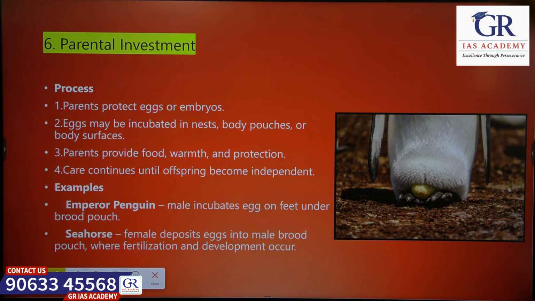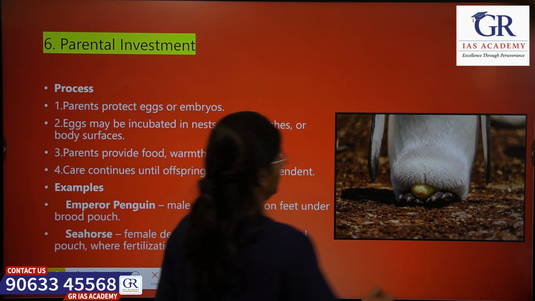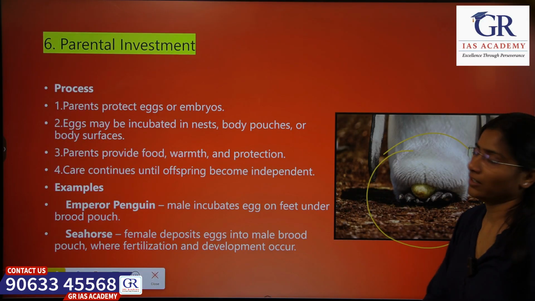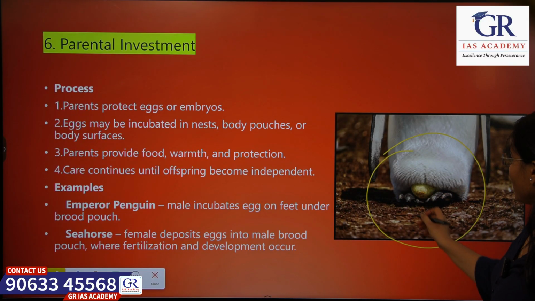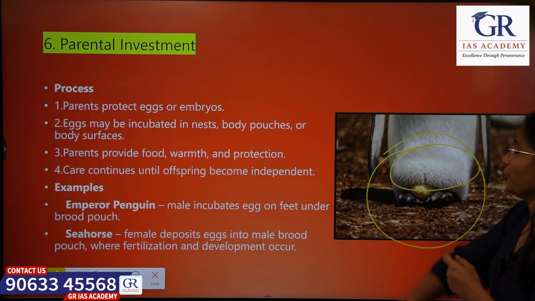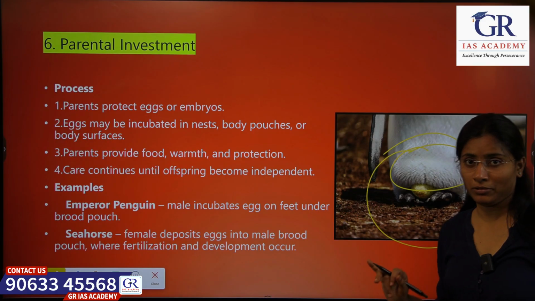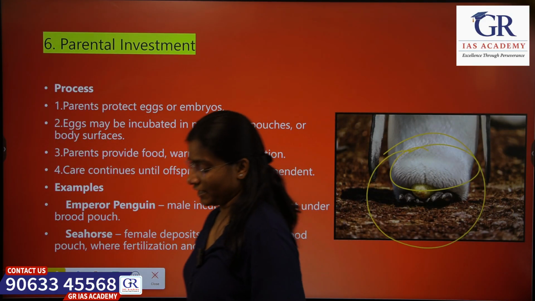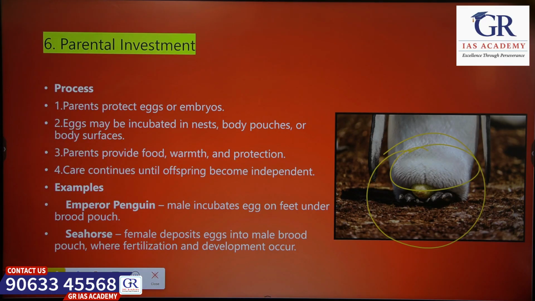And what is the process? If you see here, the emperor penguin is taking care of the eggs near its feet under the brood pouch. This is an example of parental investment. So what is the process?